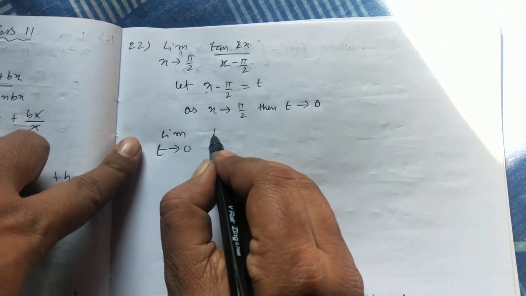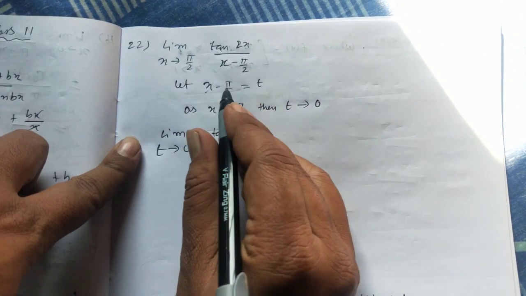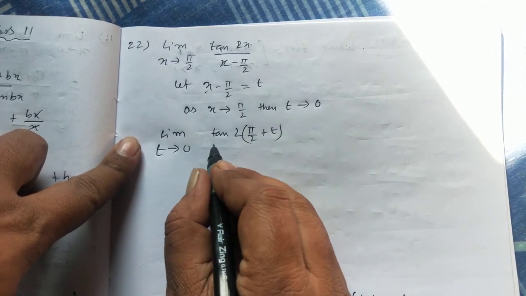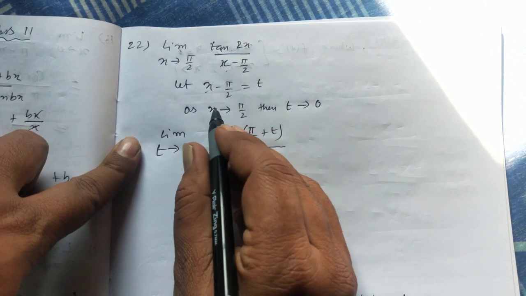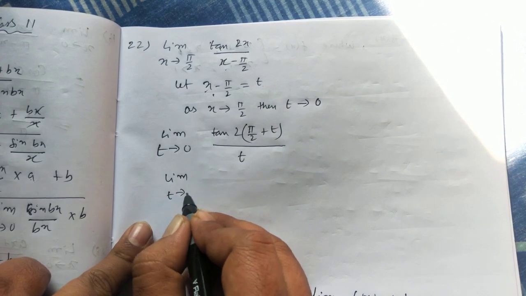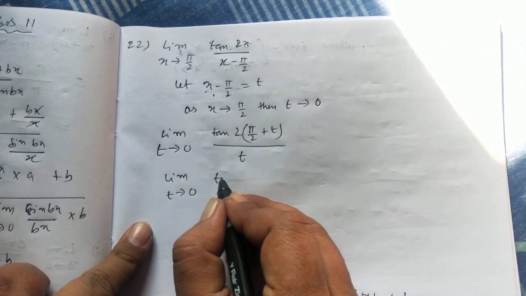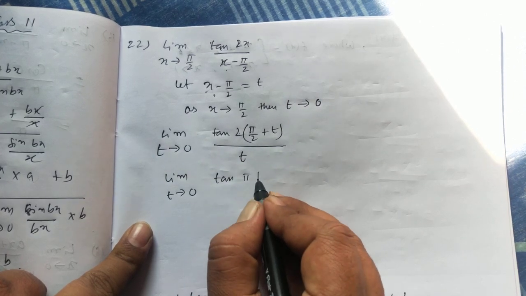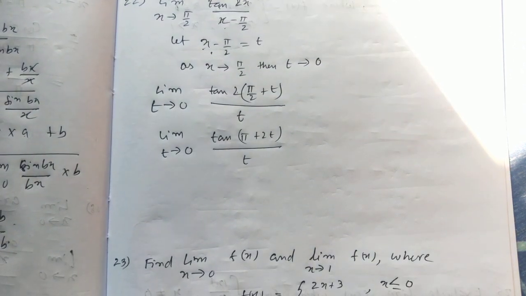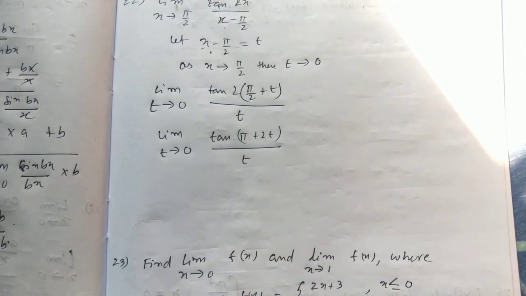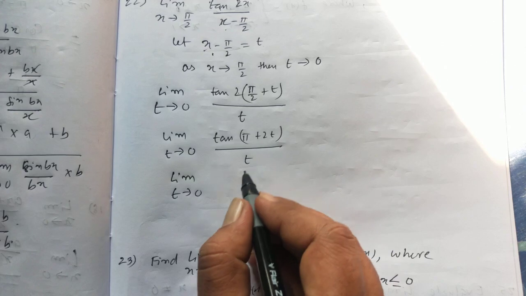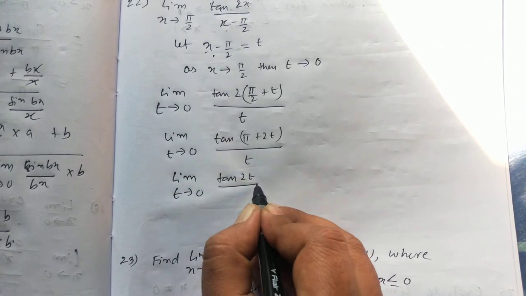Then x is what? If I take pi by 2 to the other side, x will be pi by 2 plus t. And downside, x minus pi by 2 is t. Multiply, it will be pi plus 2t. As t tends to 0, the numerator is pi plus 2t, divided by t.